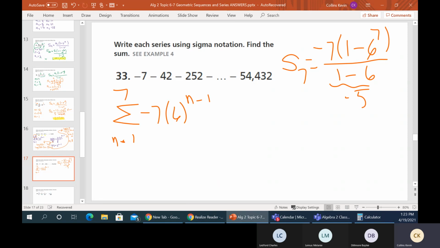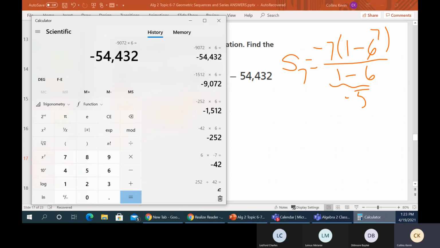All right, so let's plug in the numbers. So calculator, I'm going to clear it. 1 minus 6 to the 7th power, which I'm sure will give us a bang. So rather decent size and negative. Then take that times negative 7.